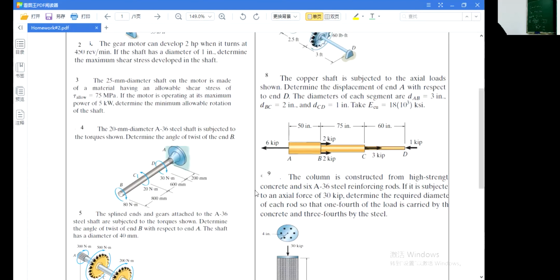There's no movement about it. Cross section of A can't rotate. It's fixed. So just this part can. You can find the torque. It's easy. It's very easy.